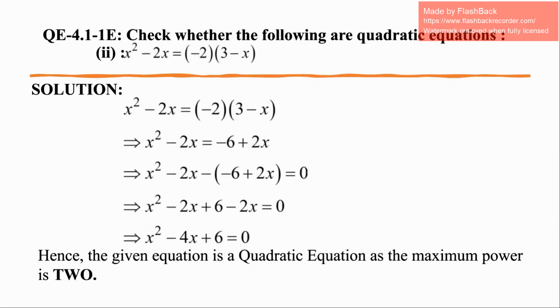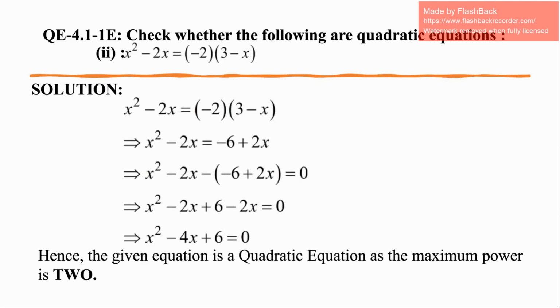Okay, now it is question number 2, Exercise 4.1, question number 2. Here the expression is given: x squared minus 2x equals, within the bracket, minus 2 times 3 minus x.